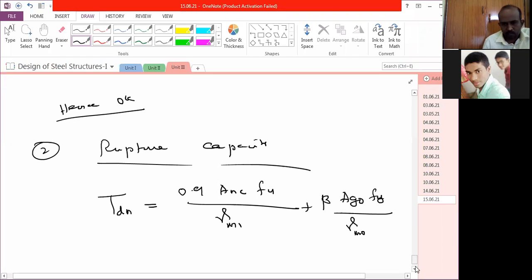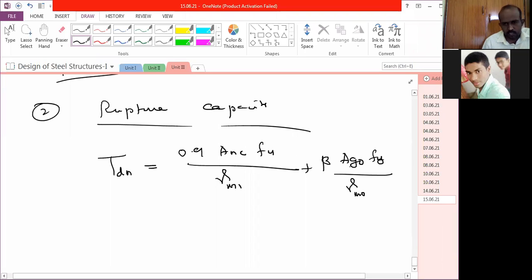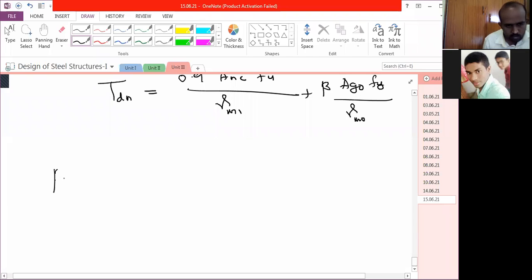Okay. So here Anc, Ago and beta value need to be calculated. So let me calculate the beta value. Beta value is equal to, okay, 1.4 minus 0.076 (w/t)(fy/fu)(bs/Lc), that must be lesser than or equal to fu gamma m0 divided by fy gamma m1. Please do it.